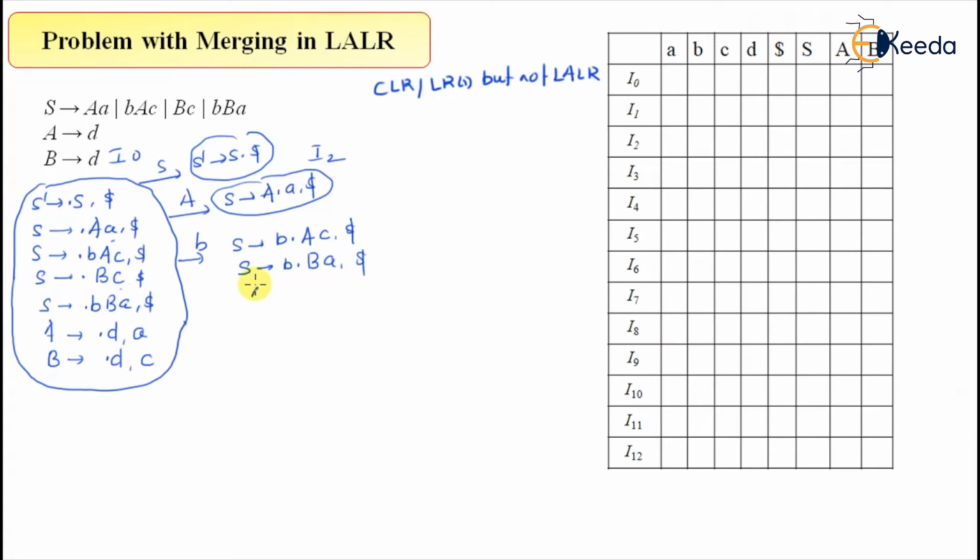Here I'll include A derives dot d, and this time my follow symbol is c, and B derives dot d, this time the follow symbol is a, and that state is your I3.